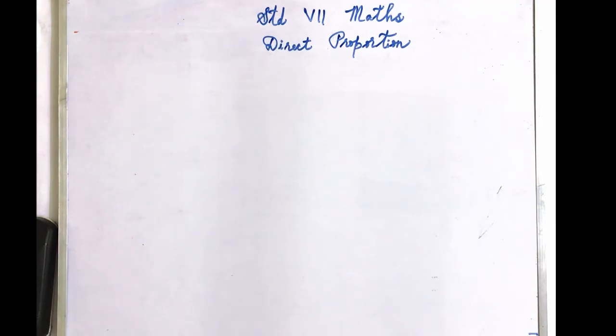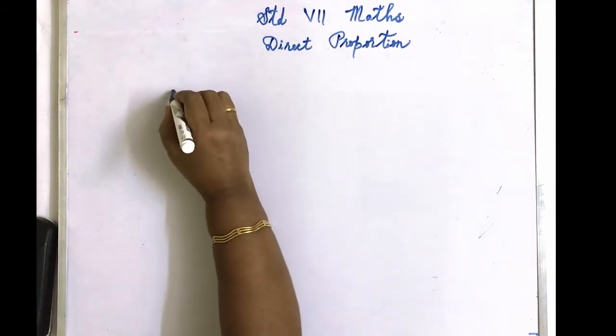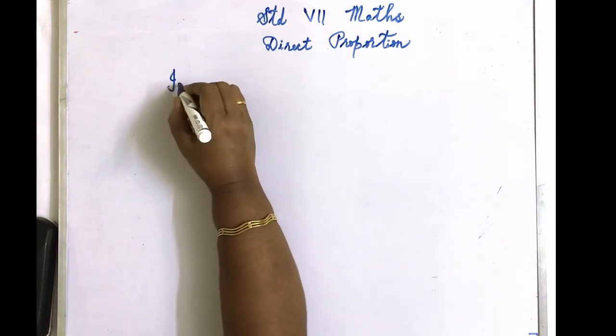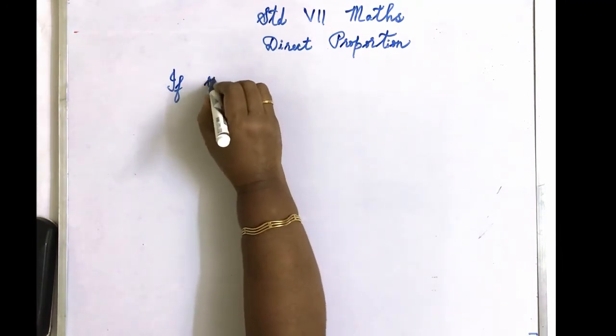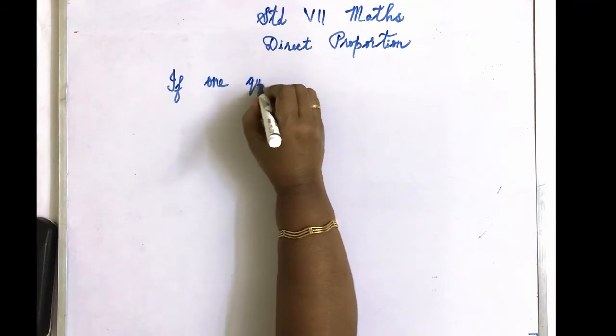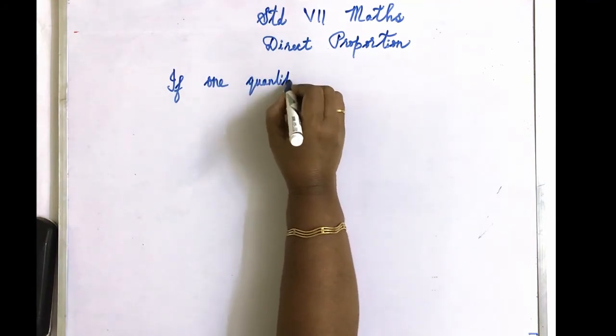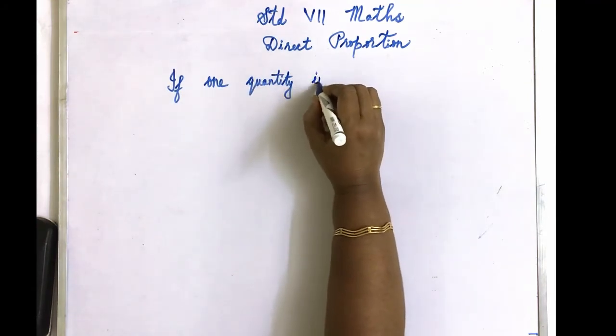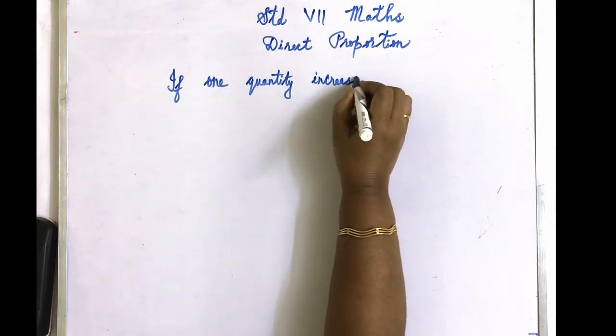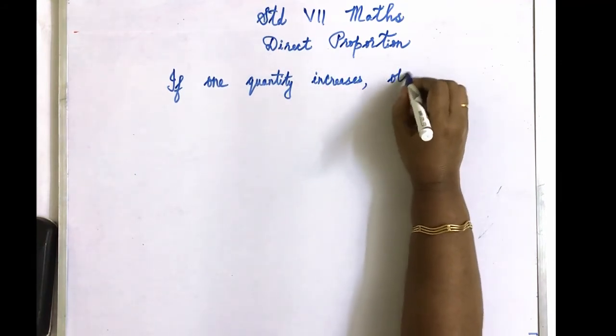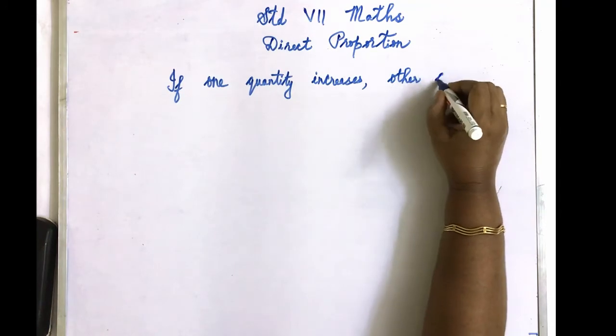If one quantity increases, the other quantity also increases. And if one quantity decreases, the other quantity also decreases. This is direct proportion.